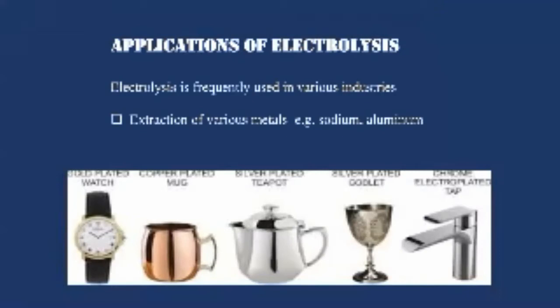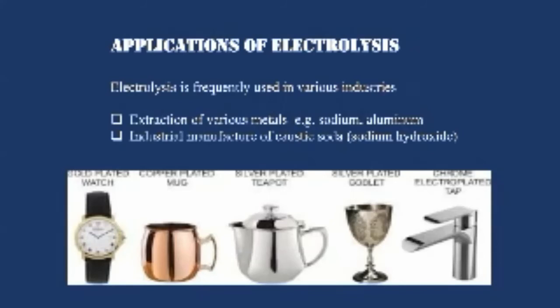They can be found in various places such as the earth crust. So, these metallic ores will contain impurities and many other components. So, in order to extract the metal from these sources, you can do electrolysis.